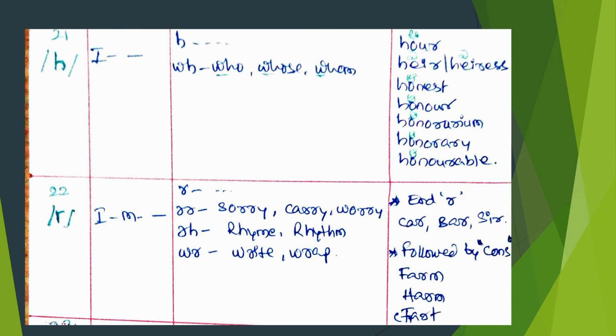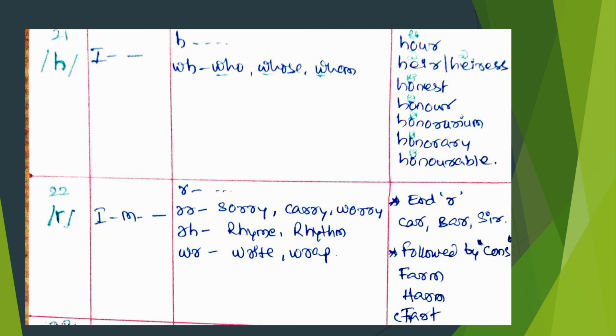honorarium, HONORARY, honorary, HONOURABLE, honorable. All these have H silent. But if you pronounce H in all these words, then you will apply a wrong article there.